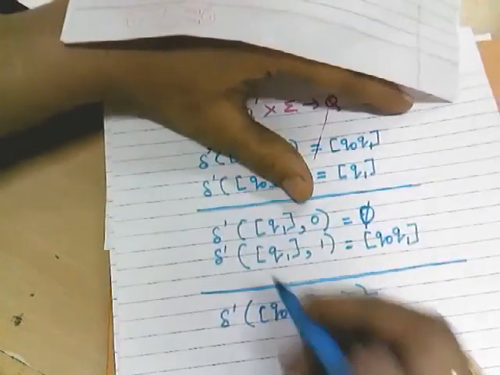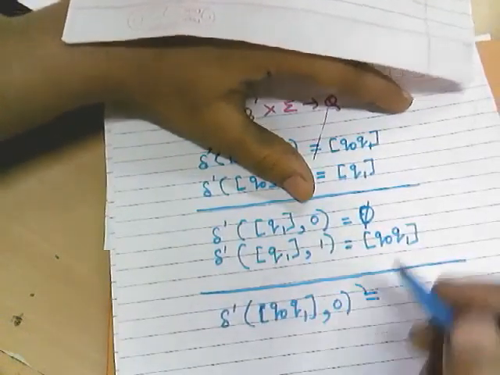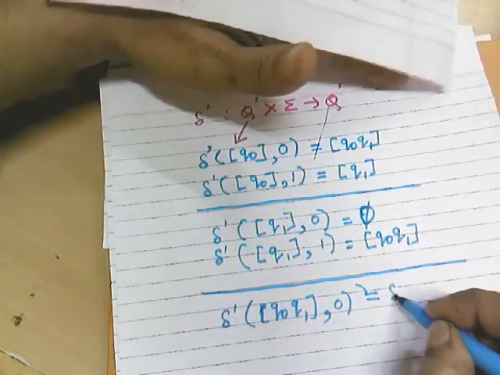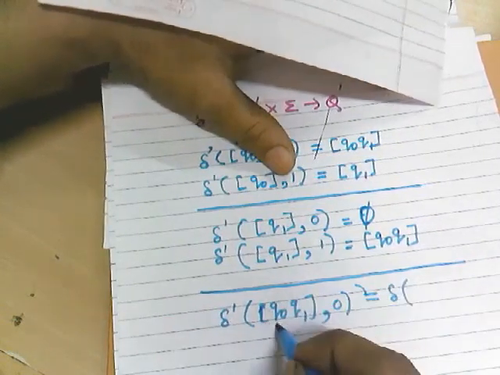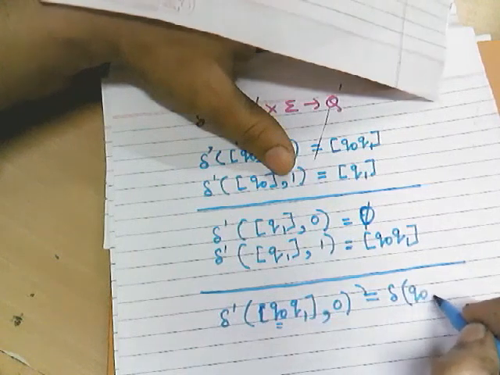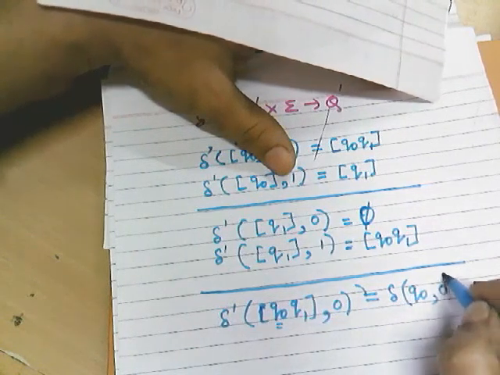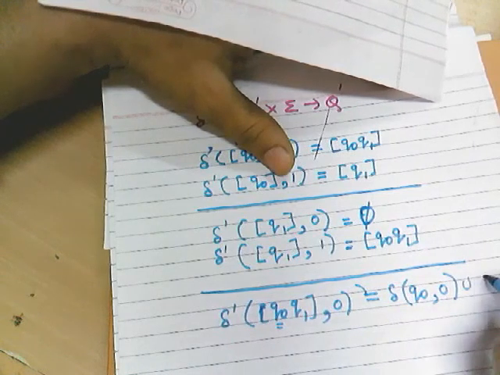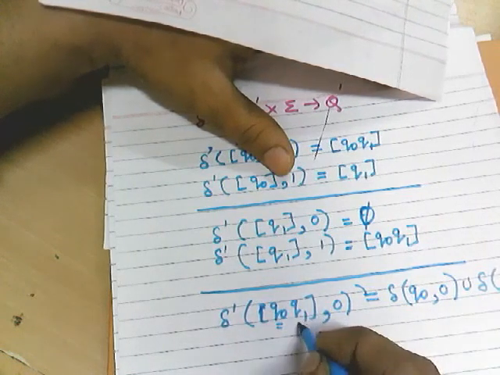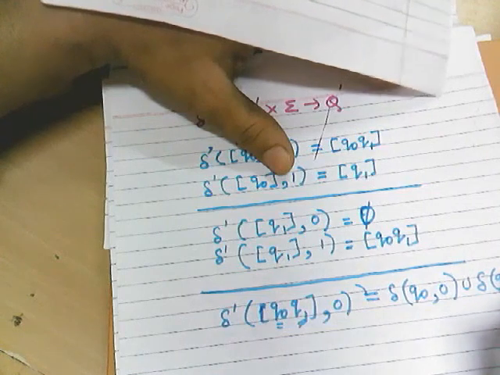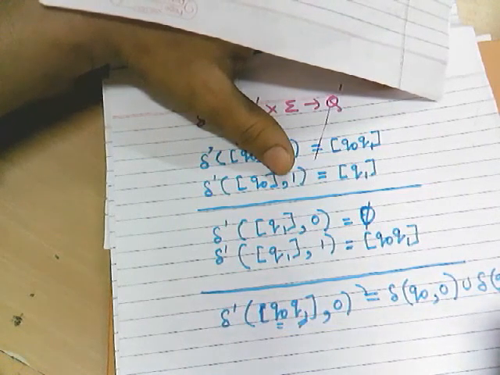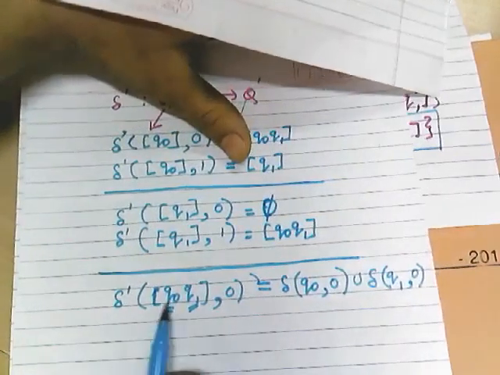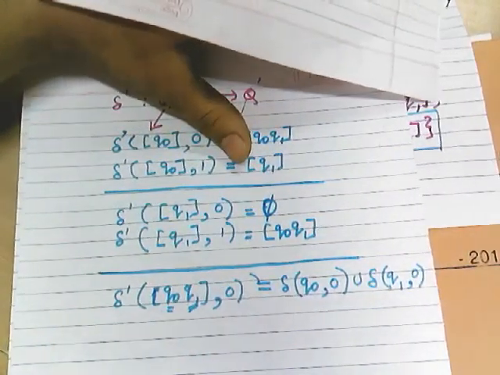Now how to find out this value? This is nothing but delta of q0 comma 0 union delta of q1 comma 0. You have to get the combination for the number of states which are there in the square brackets.